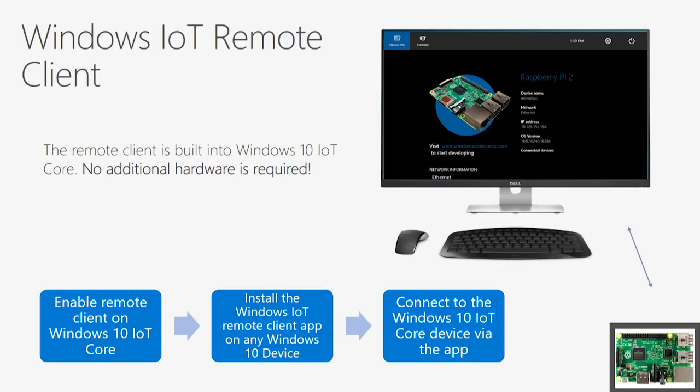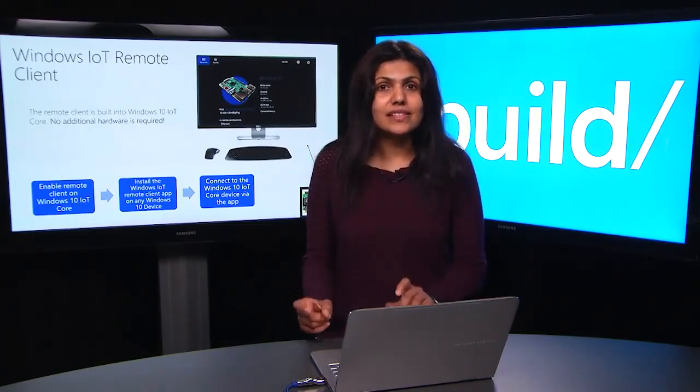What it is essentially doing is it gives your IoT device, usually a headless device, a display to this displayless device. And second, it is allowing you to remotely access your sensors on your Windows device.